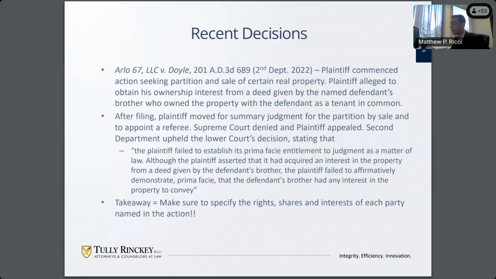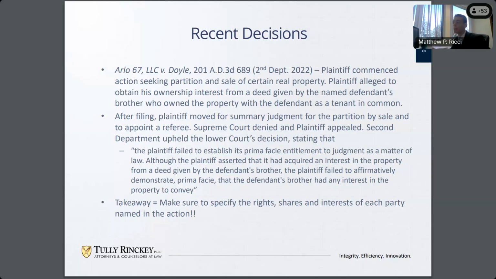In this case, the courts looked at the Uniform Heirs' Property Act, and after filing the action, plaintiff moved for summary judgment for the partition by sale and for the court to appoint a referee. The Supreme Court denied the motion for summary judgment, and then the plaintiff appealed.